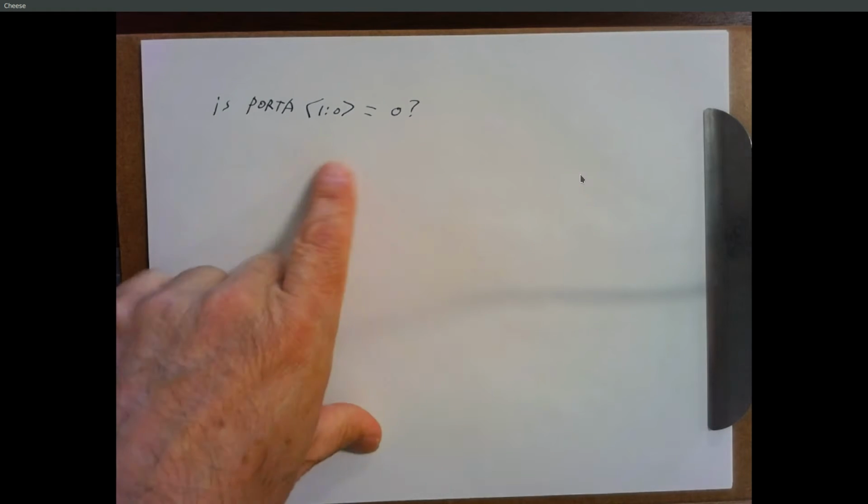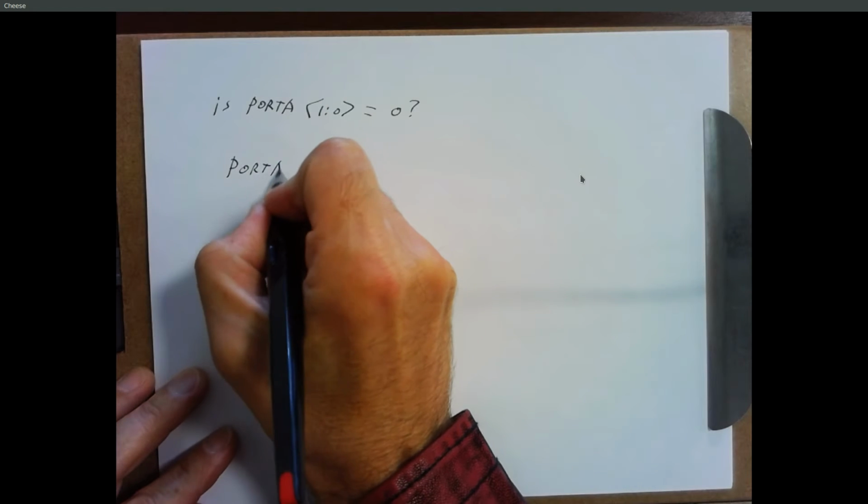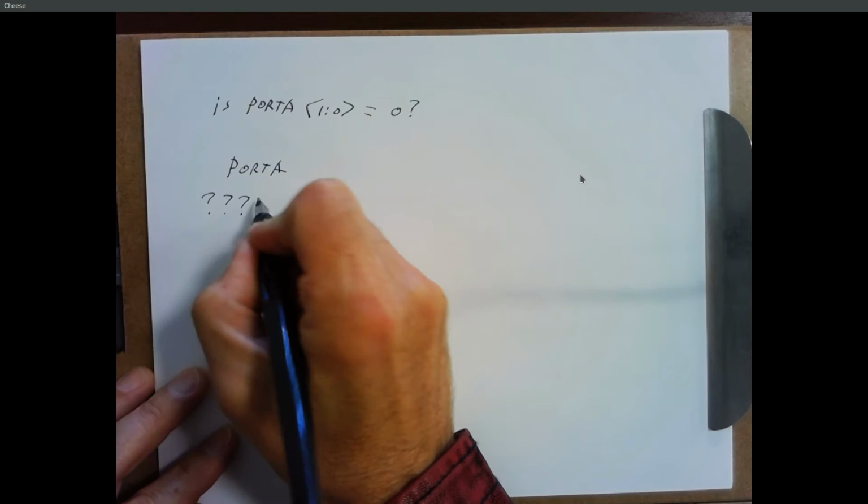Port A bracket 1:0 is shorthand for taking bit 1 and bit 0 and treating them as a 2-bit number. Is this equal to 0? So port A looks like this.